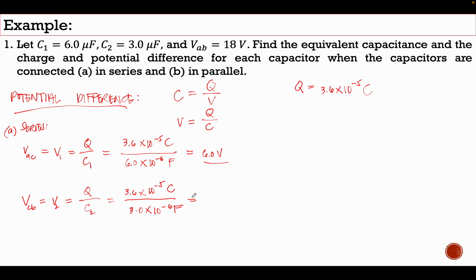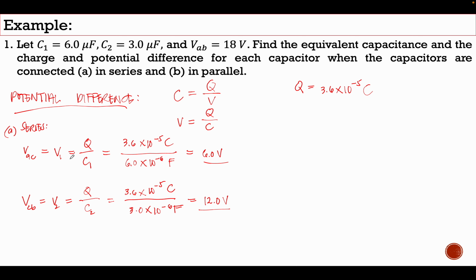Okay, so we have 3.6 times 10 to the power of negative 5 divided by 3 times 10 to the power of negative 6, which is equal to 12 volts. Okay, so this is our potential difference across each capacitor if our capacitors are connected in series.